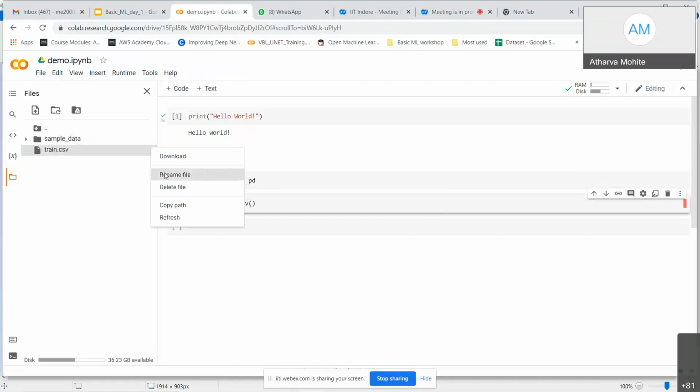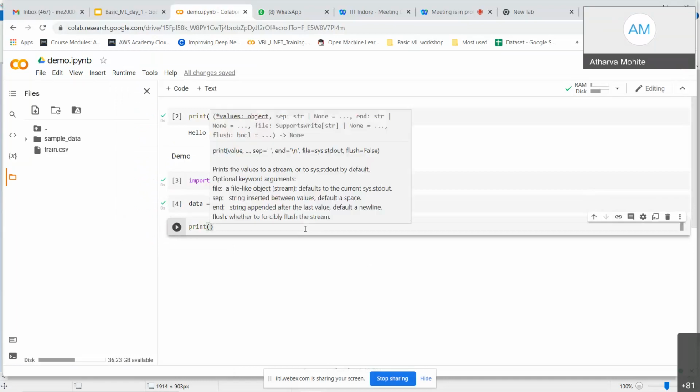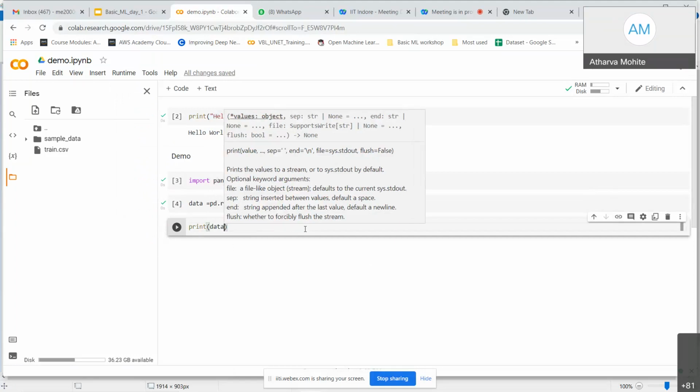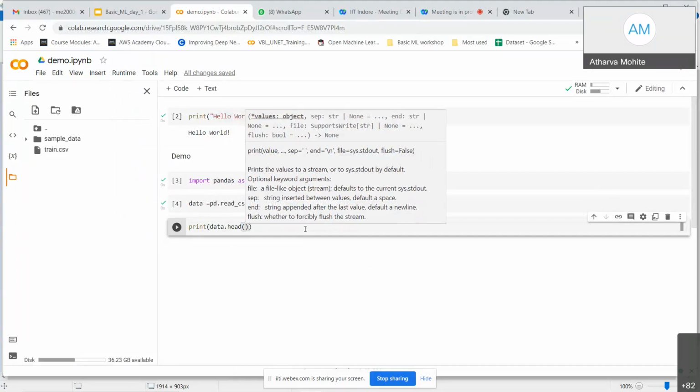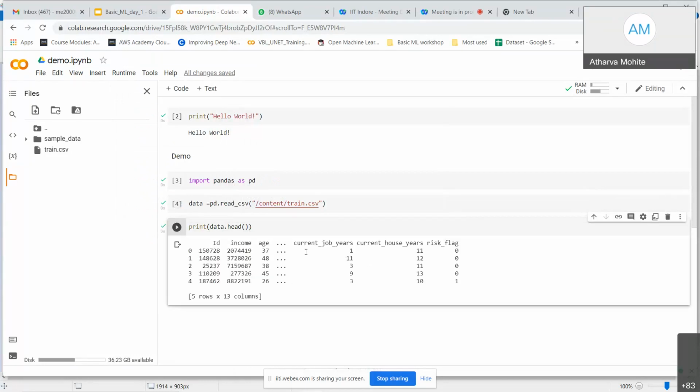Just copy the file path. And then we'll execute the entire code. Okay, so it has read the CSV file successfully. We can print the first few entries of the CSV file using the head function. So here it is.